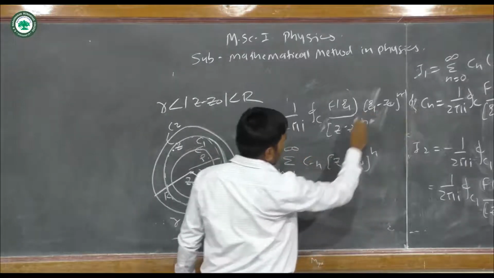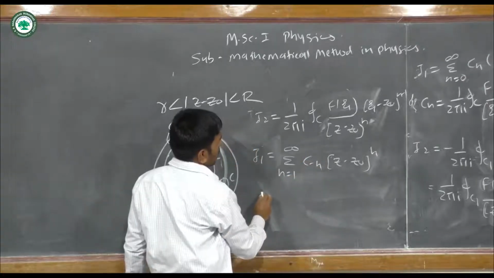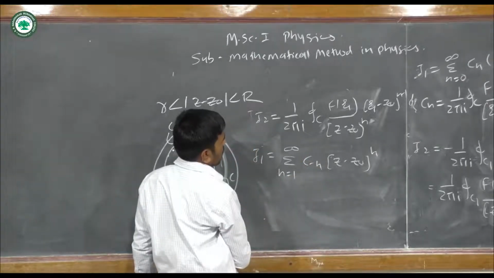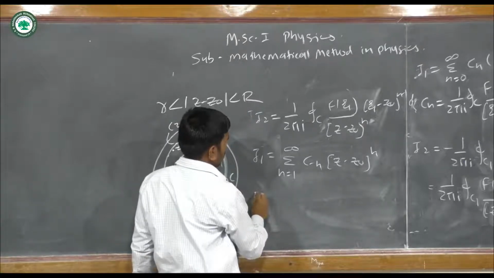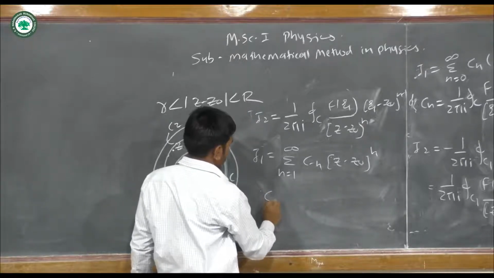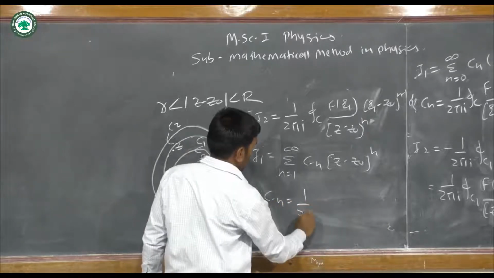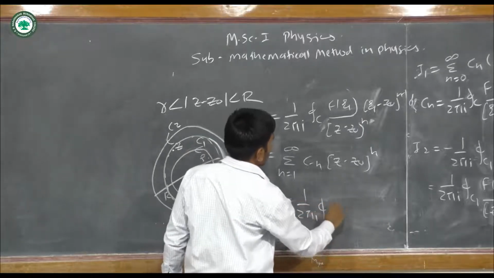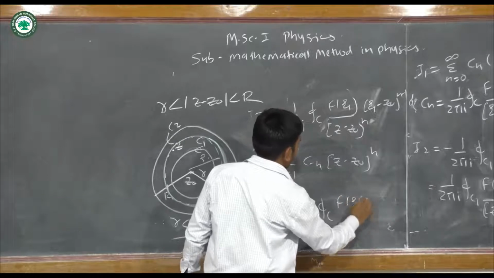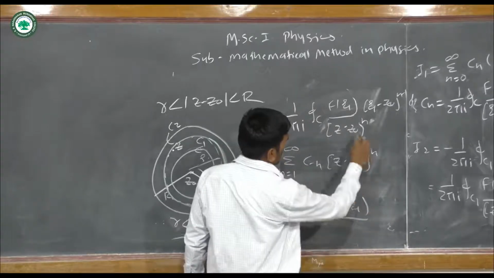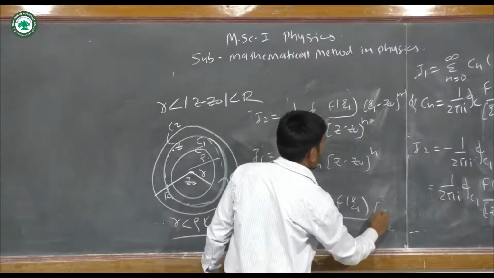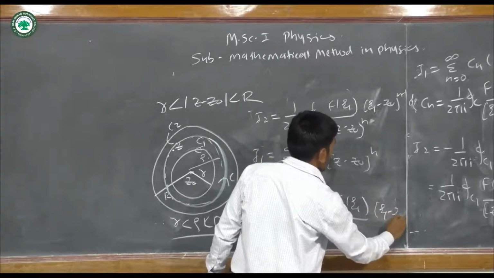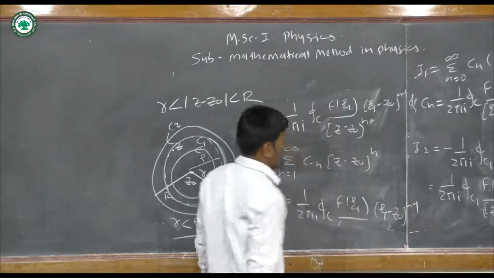Here is c_n, and c minus n, if I write, is equal to 1 by 2 pi i, integral over C of f of psi divided by (psi minus z naught) to the power n minus 1.